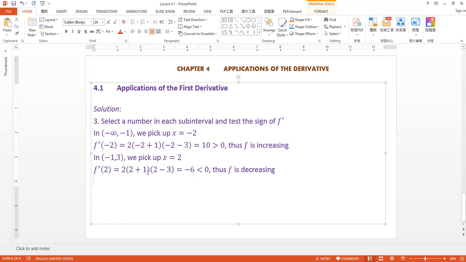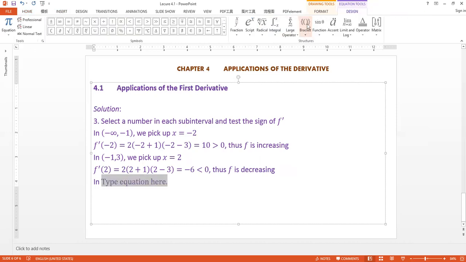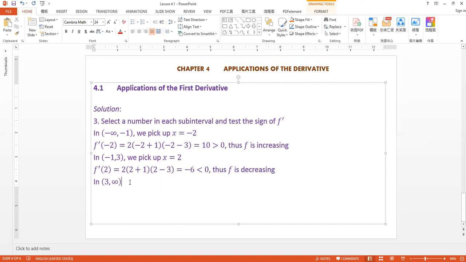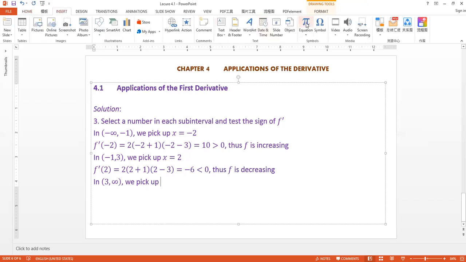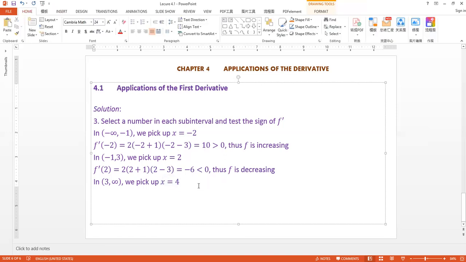Now, lastly, we have one more subinterval, which is from 3 to infinity. So this time we pick up x equal to 4, for example. That's between 3 and infinity.